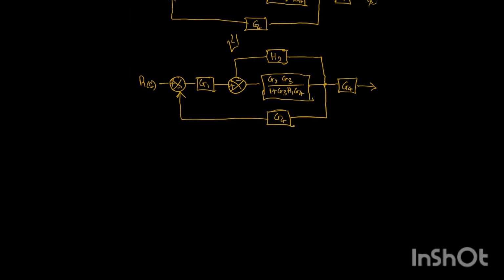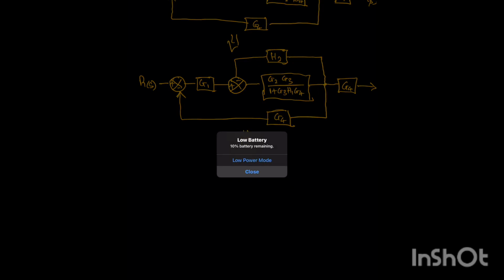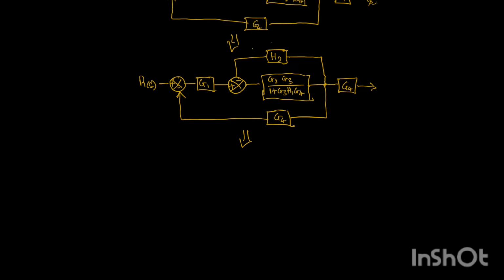So the next step we are going to take is, first of all, we want to now resolve this particular loop. This one in particular can be resolved. You can see it is a negative feedback. So see how we are going to do it here now.